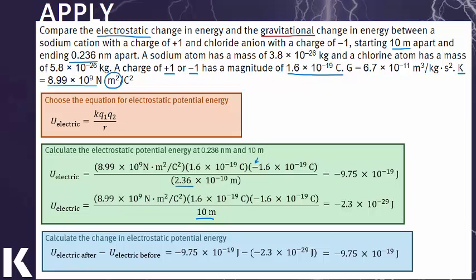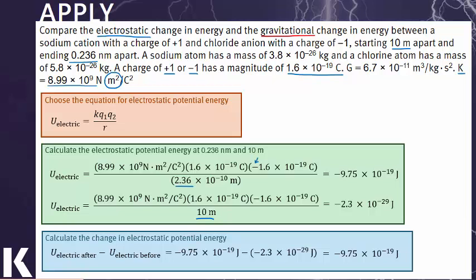Notice when we are calculating the change in electrostatic potential energy, our initial value, that negative 2.3 times 10 to the negative 29, is very, very small. This is similar to how at an infinite distance, the electric potential energy is zero. When we have a 10-meter distance between our two charges, that is really, really far away. So our initial potential energy is very, very close to zero.